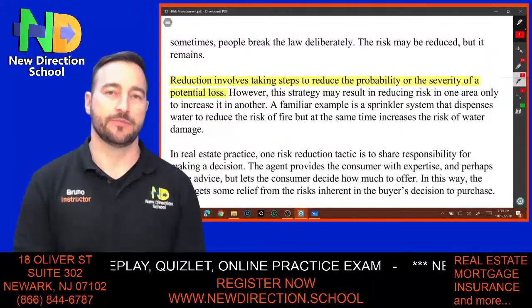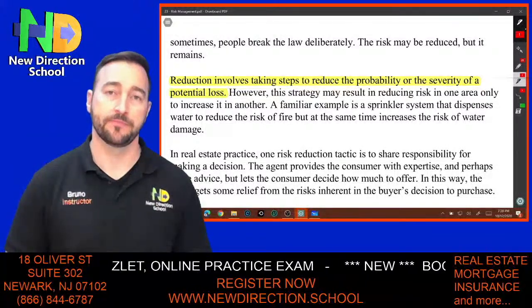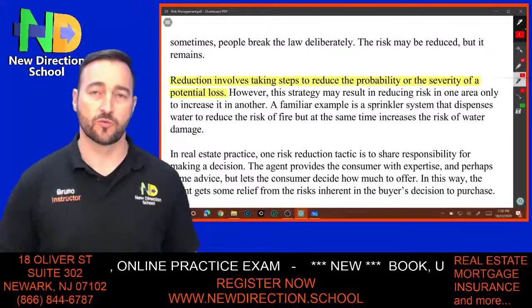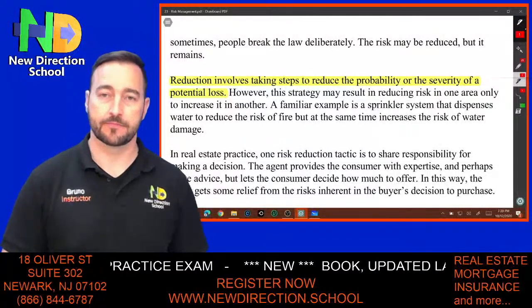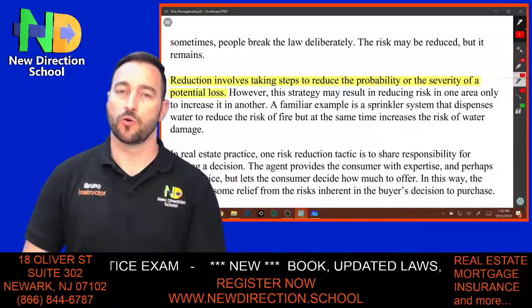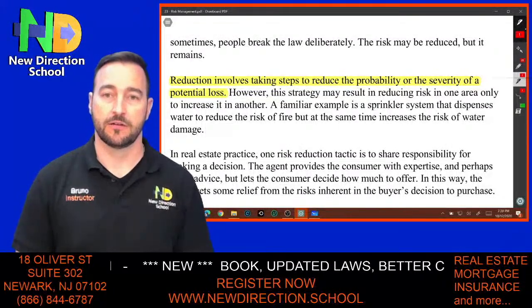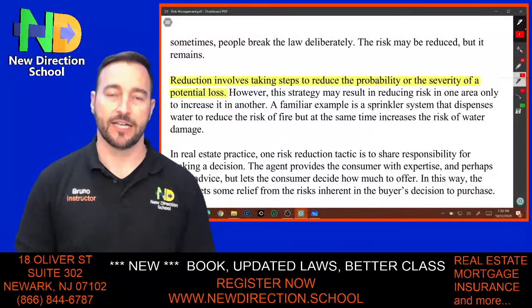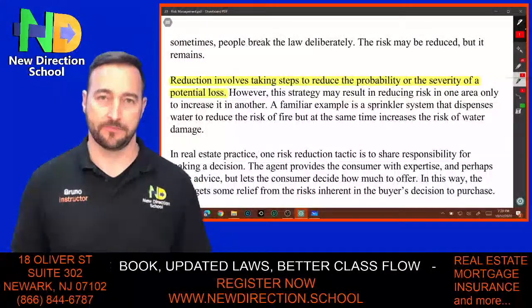So reducing liability would be taking a good visual inspection of the property and asking the seller to prepare the seller's property condition disclosure statement. Or asking a buyer to order an inspection. Do not waive inspections, order an inspection. Order the appraisals. It's you referring to other professionals if it's something that you cannot determine.